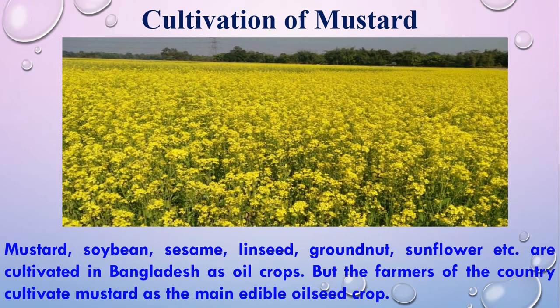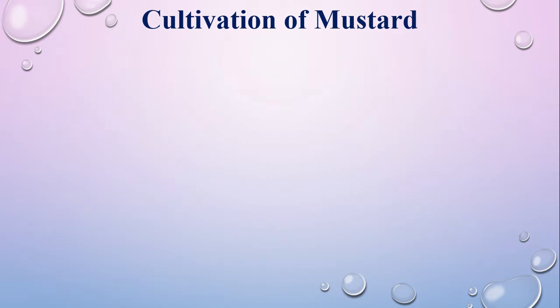But in our country the farmer mainly cultivates the mustard crop, which is the main edible oilseed crop in our country. In our country we use this mustard oil for making pickle and for different edible purposes.